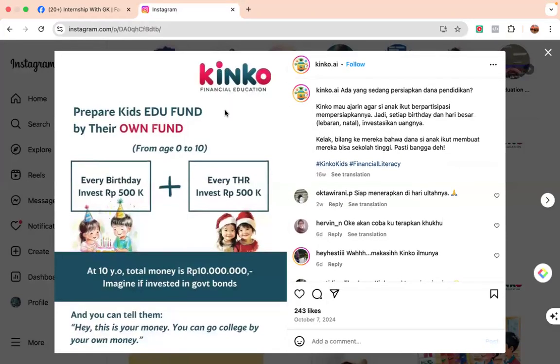And here we have this post, which is this image, followed by some text which I'm not able to comprehend. And followed by that, the person is using the hashtags, right? The hash Kinko Kids, hash financial literacy. So while we know that this is some kind of a promotional, oh no, this is some kind of a motivational and educational post.